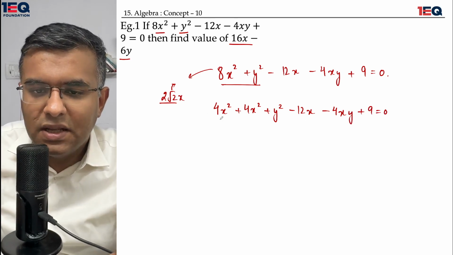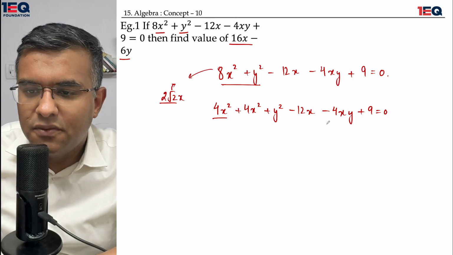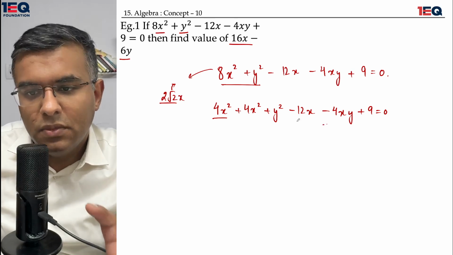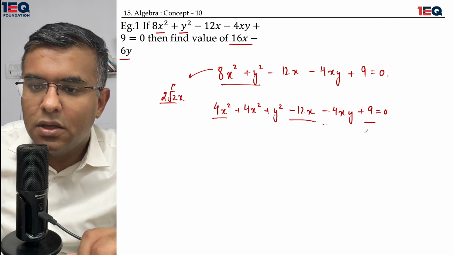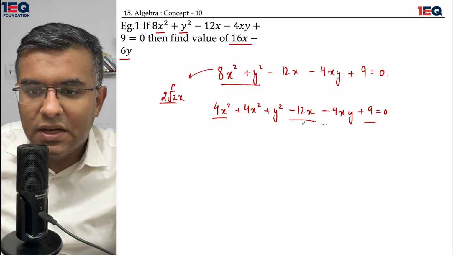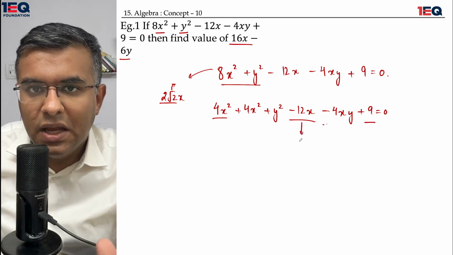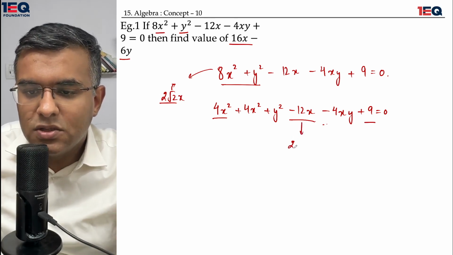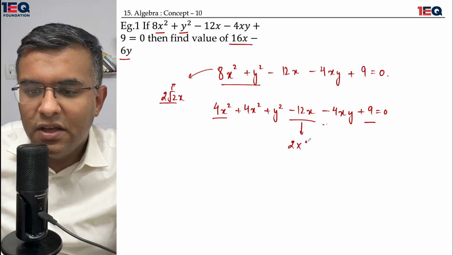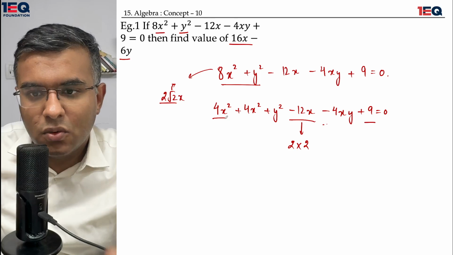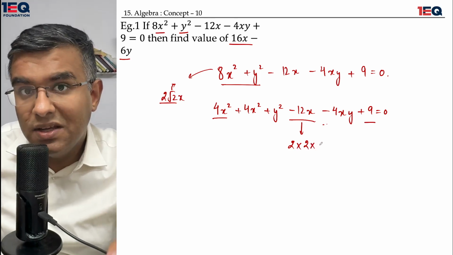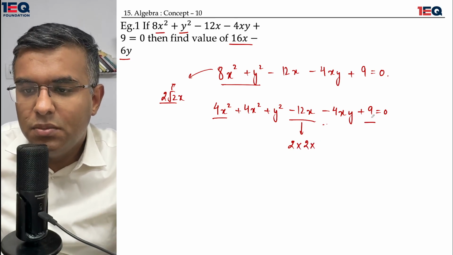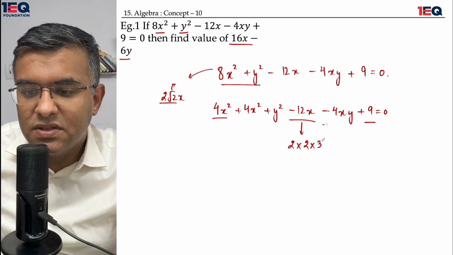Now I can see that there is a 4x square here, there is a 12x here, and there is a 9 here. So I can get a square of something being a in 2 into a into b. So I have a 2, I have an a which is coming from 4, root 4 is 2, 2 into a into b. What is b that I'm talking about? B is equal to 3, which is the root of 9.